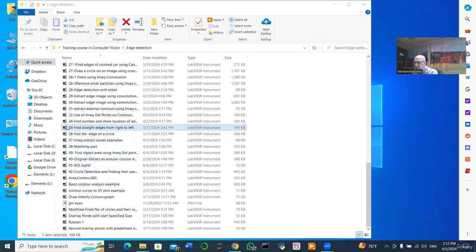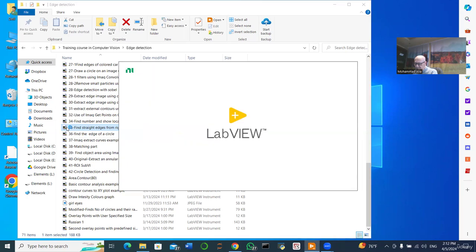So now I shall discuss with you three interesting programs. They are related to finding the straight edges existing in an image, or finding the edge and the parameters of a circle.